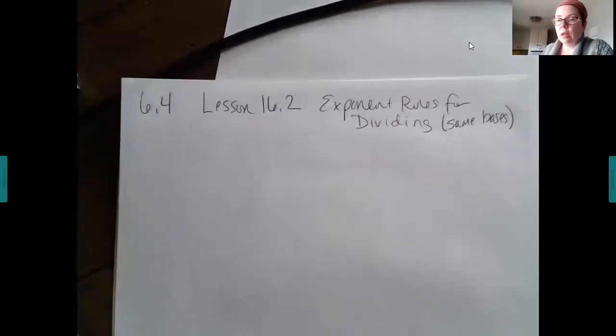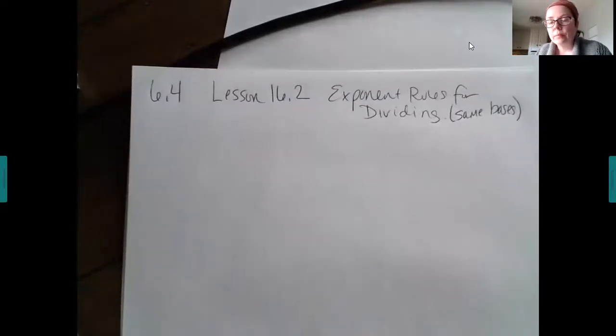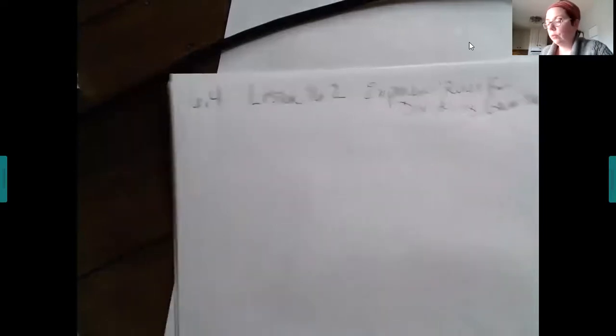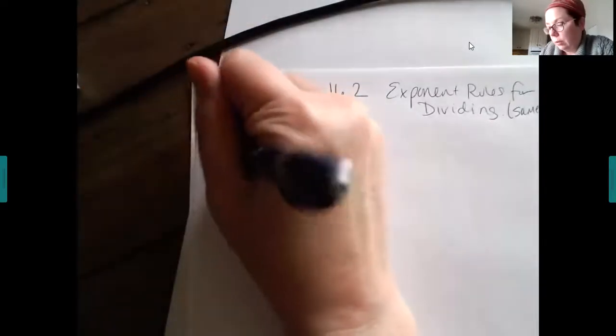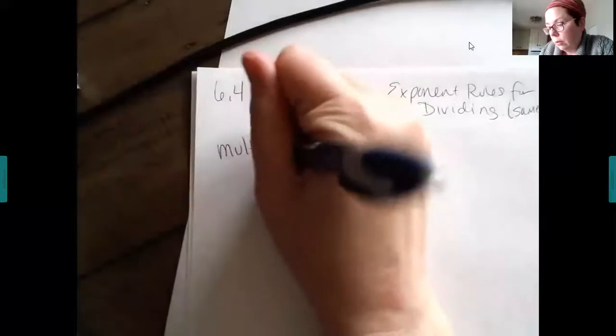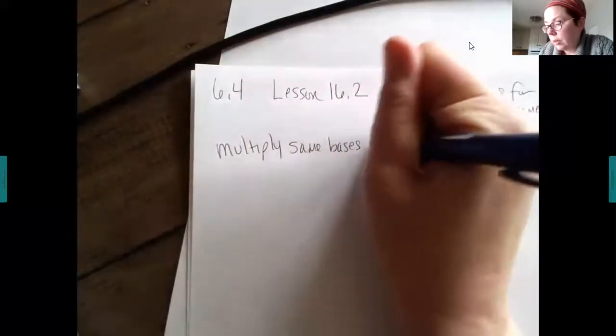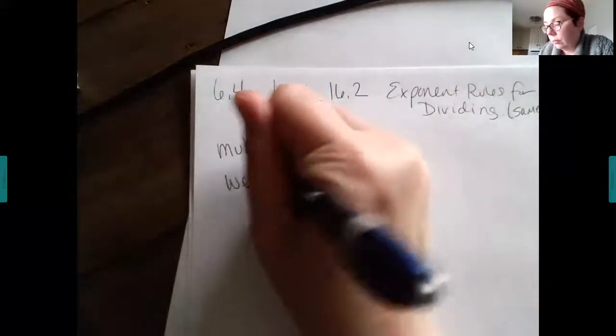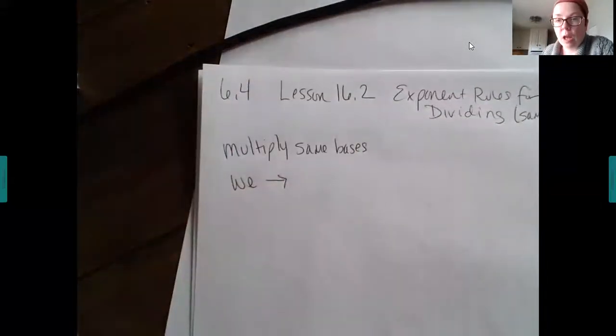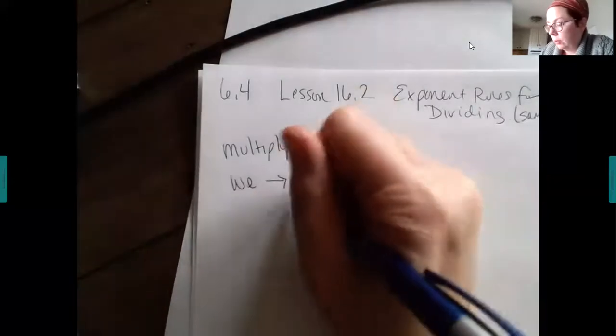Okay. So just to review, when we multiply same bases, what do we do with those exponents? Right, we add the exponents.